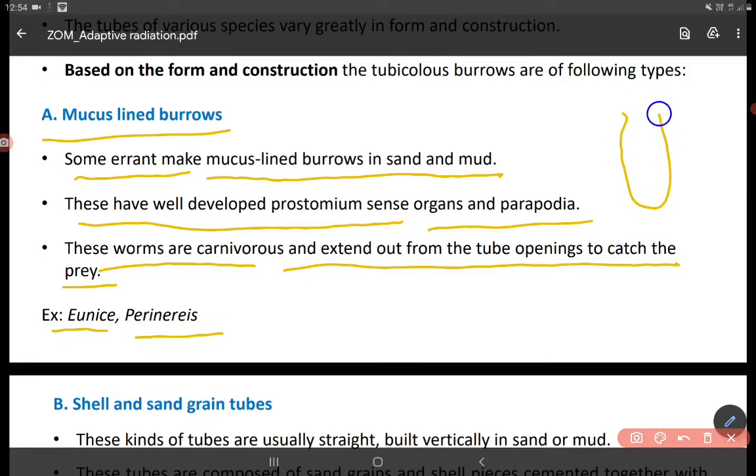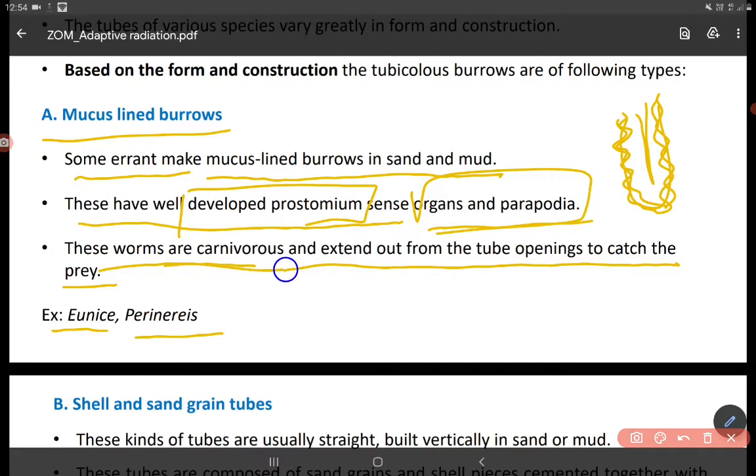They take sand and mud and secrete a sticky mucus that forms a tube-like structure, and they live within it. From this tube they keep their heads out, catch prey, and eat them. Examples are Eunice and Nereis.